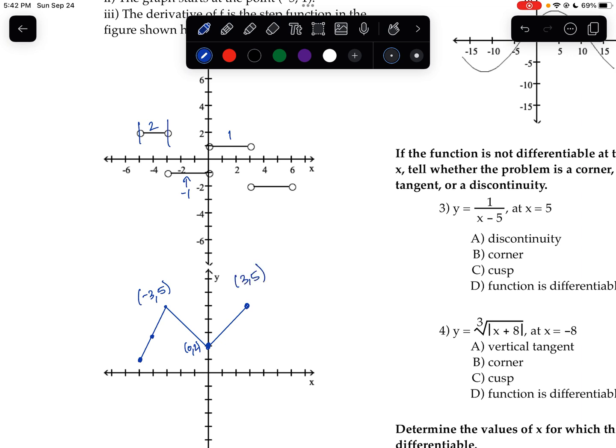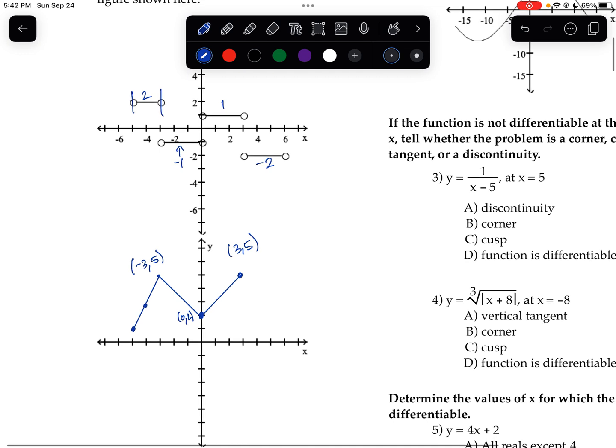And then the next part of our graph has to have a slope of -2. So it should be some kind of symmetrical, except this one has to go to 6. So 1, 2, 3, 4, 5, 6.